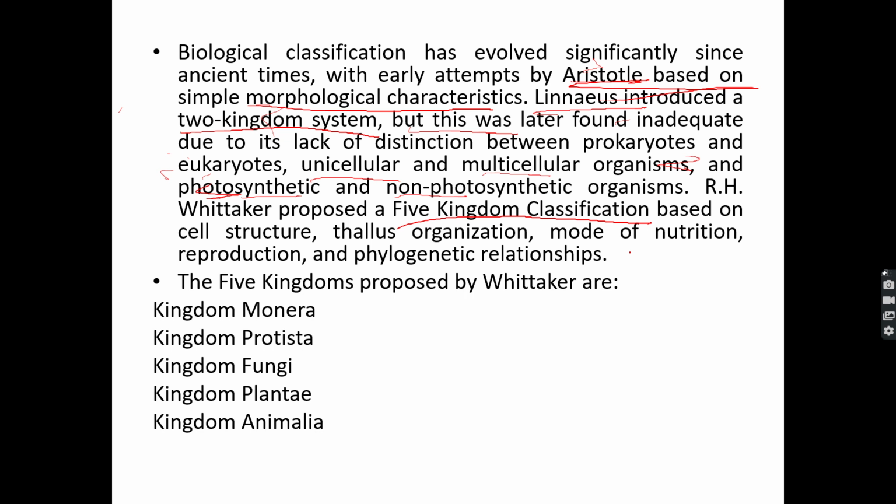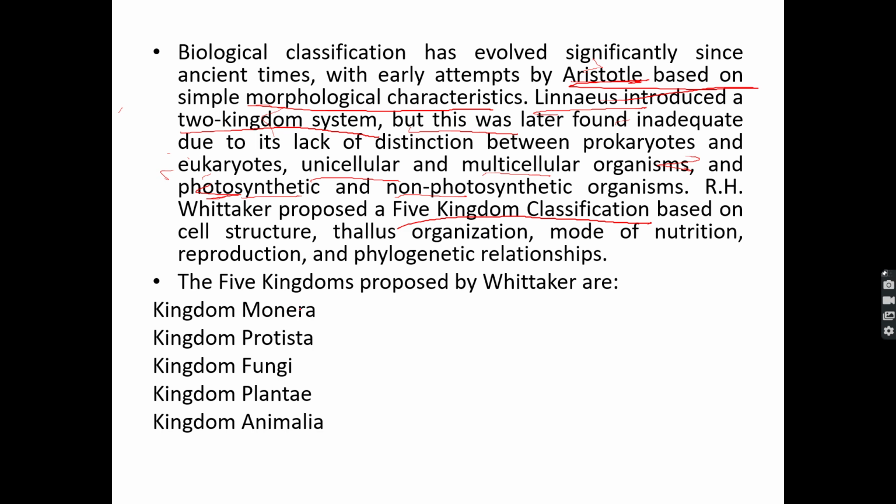After that, a six kingdom classification also came, but it was not as accepted as the five kingdom classification. And in between, a number of scientists also attempted to classify these living organisms on the basis of different characteristics.